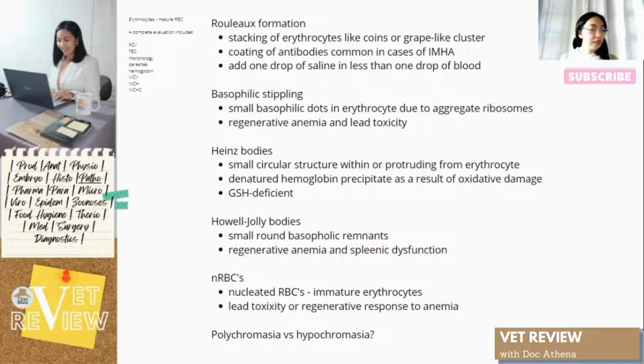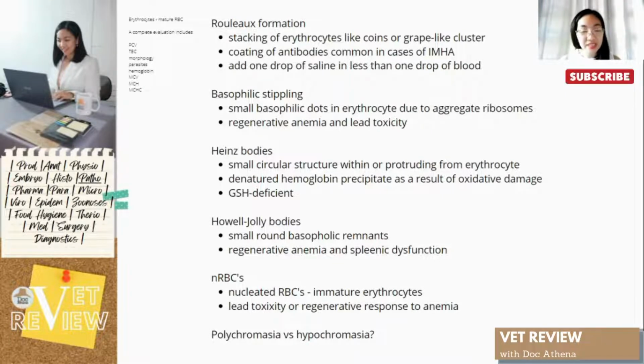Now, what is polychromasia versus hypochromasia? Polychromasia is a color variation due to the presence of reticulocytes, which stain bluish due to residual cytoplasmic RNA.